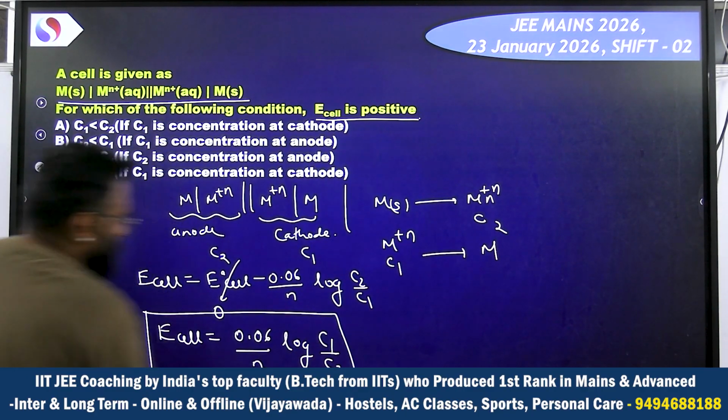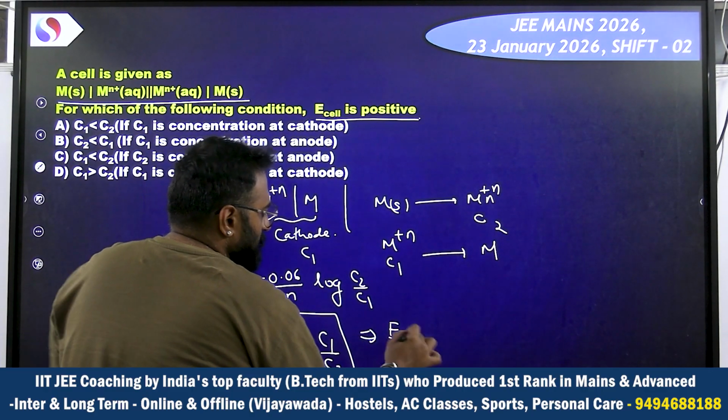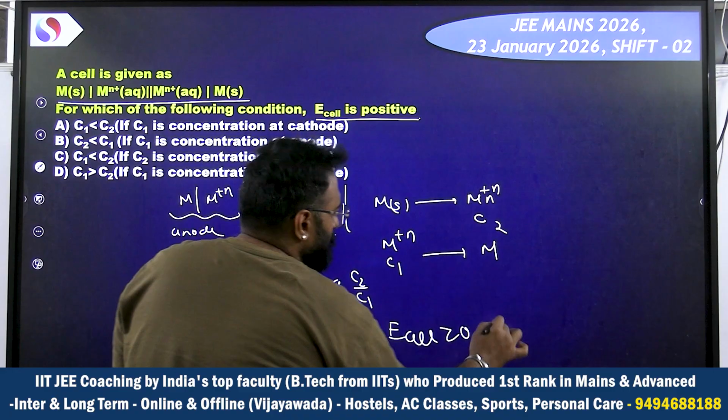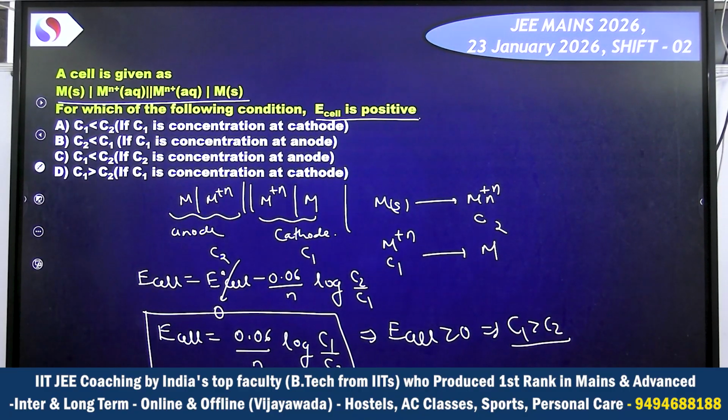This will be our formula. That means for E cell to be greater than 0, C1 should be greater than C2. So which is the correct option? Option number D is correct. C1 is greater than C2 when C1 is at the cathode. This is the correct answer.